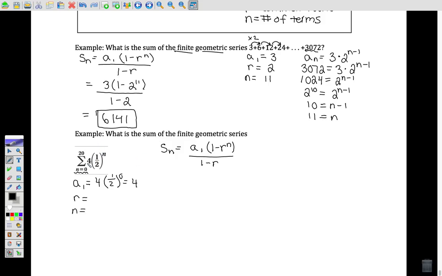So the important thing to remember is your r is just whatever is being raised to a power. So in this case, our r is 1/2. Even though it looks slightly different because this doesn't say n minus 1 like we're used to in our explicit formula, whatever is raised to that exponent is your common ratio. In this sum, to get one term, you're just going to keep multiplying by 1/2.